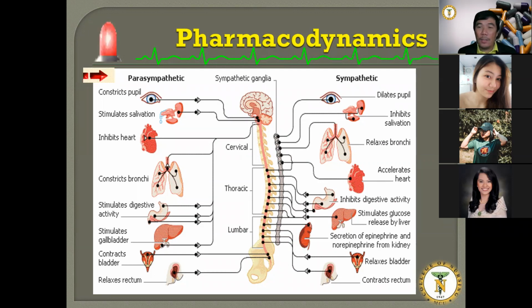Now, why do I need to emphasize this? If the drug is identified as adrenergic, the sympathetic response is actually the natural response. But if we talk about a drug that will mimic the action of the sympathetic nervous system, it is called sympathomimetic.